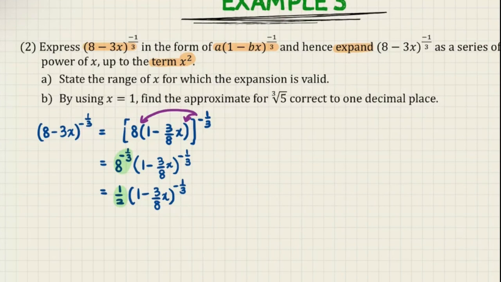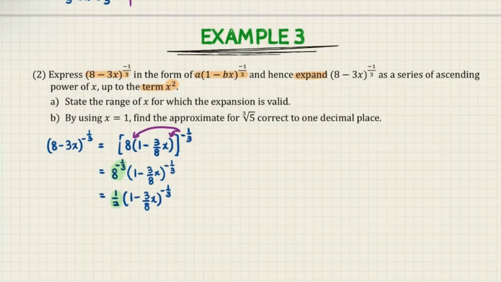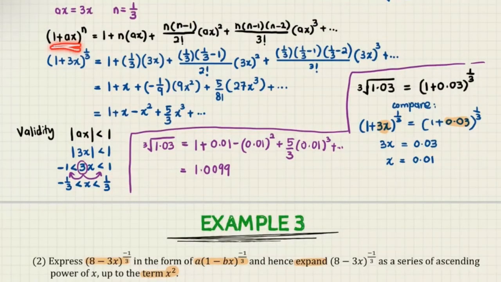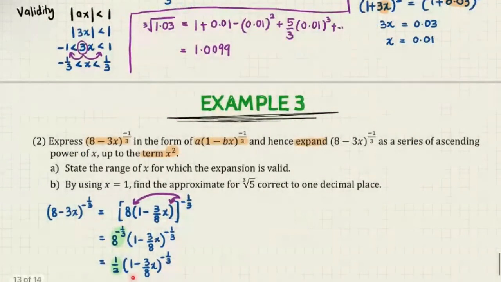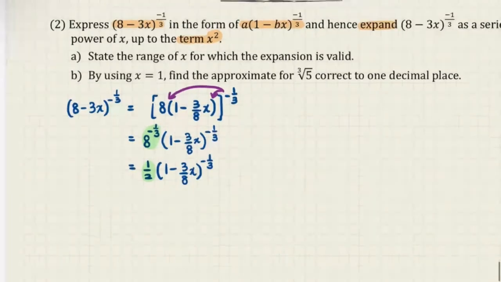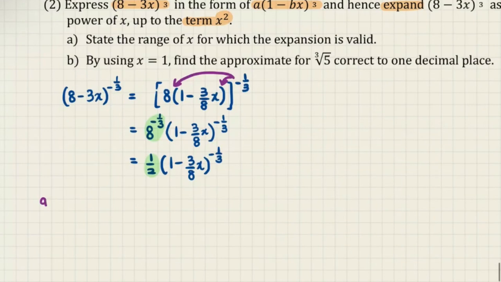Alright, now we are going to expand. This time, saya hanya akan expand untuk ini dahululah. Sebab kita ada formula untuk 1 plus ax to the power of n. Inilah, okay. So, by comparing, okay. So, my ax will be negative 3 over 8x dan n saya adalah negatif 1 per 3.